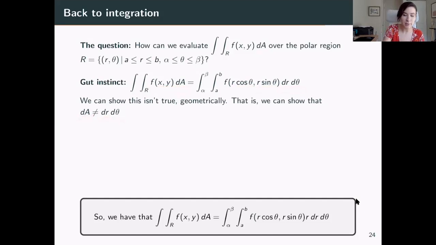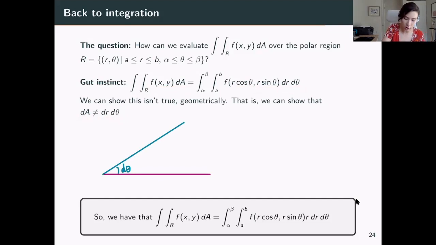Suppose that we have a very small angle, which I'm going to call my d theta. So this is a tiny change in an angle of d theta. And I could have that the length at the bottom of this, I could call this length r.